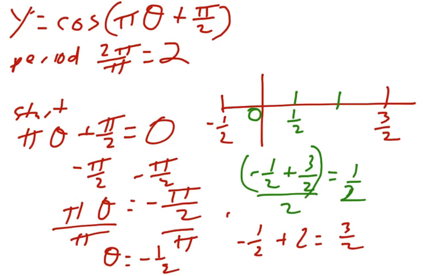What's in the middle of 1/2 and 3/2? 1. Just by taking the average of the two numbers again. Since we didn't do anything with the y values, we're still going from negative 1 to positive 1. Since this time we have a cosine graph, we start at the maximum, we go to the middle, go to the bottom, and back up to the top to end the cycle.